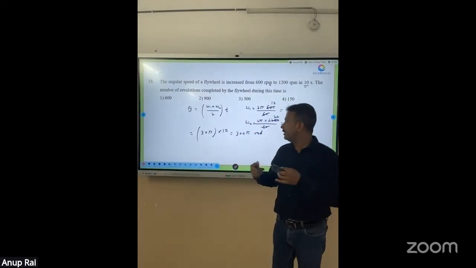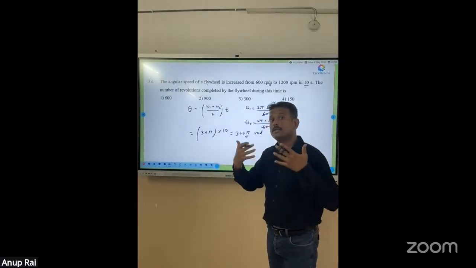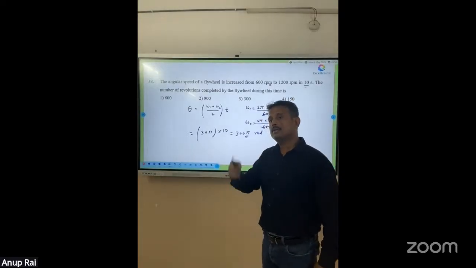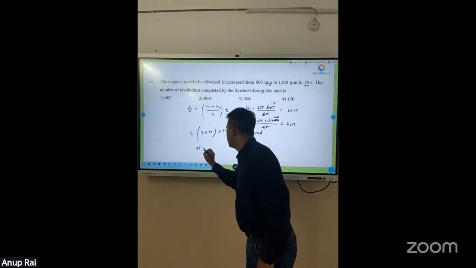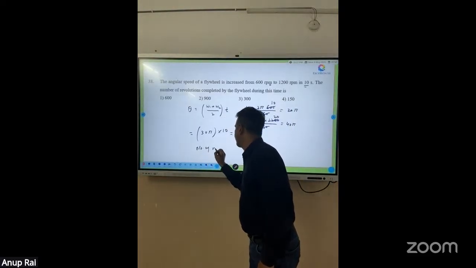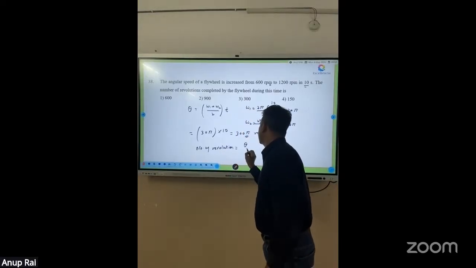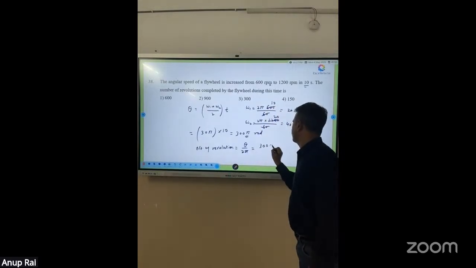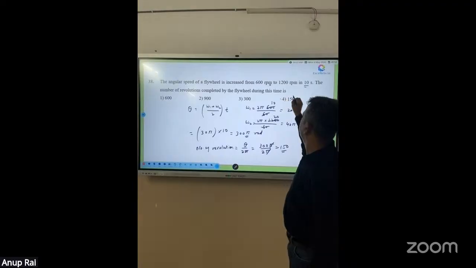So this much angle the flywheel has rotated. So how many revolutions has it made? In one revolution, it makes 2 pi radian, right? So number of revolutions n is equal to theta divided by 2 pi, which is 150. So the answer is 150.